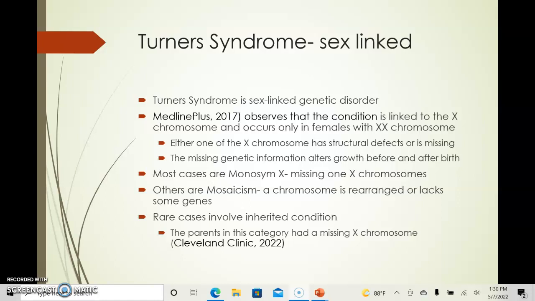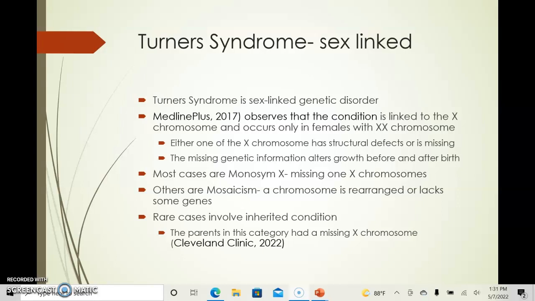Most cases are monosomy X, whereby there is only one X chromosome, with the other missing. Others are more complicated, and the individual has a chromosome with rearranged or missing genetic material.